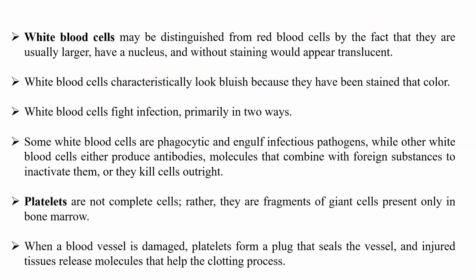The next type of blood cells are the white blood cells, which can be distinguished from the RBCs by the fact that they are usually larger, they have a nucleus, and without staining would appear translucent. If we stain white blood cells, they will characteristically look bluish in color. What is the function of white blood cells?